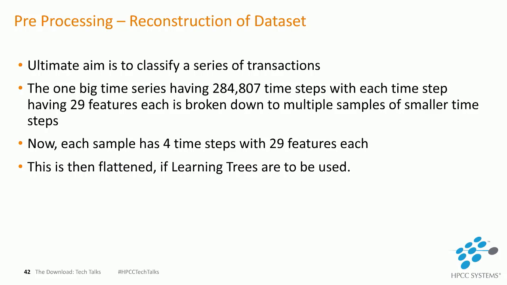So what I have done here is I've broken down this time series into n number of samples having 4 time steps each. Now each time step has 29 features each. Now these 29 features are the ones that I explained, where it has the amount and the principal components, etc. So in the case of learning trees, this two-dimensional input has to be flattened out because the learning trees don't support two-dimensional inputs.